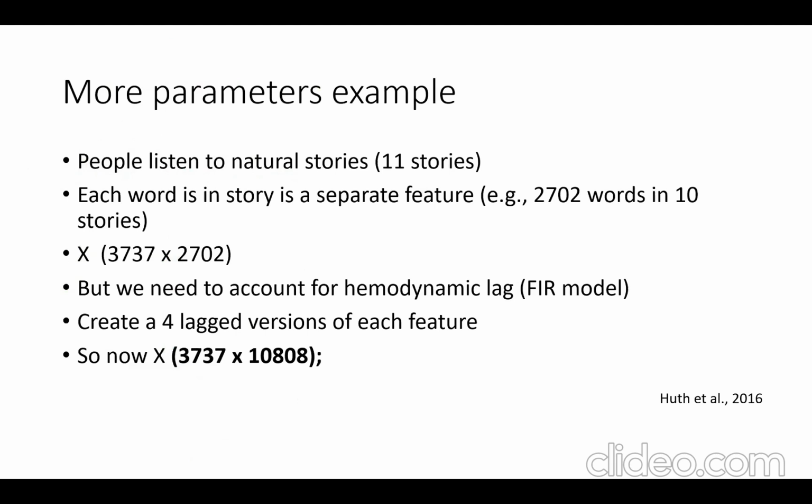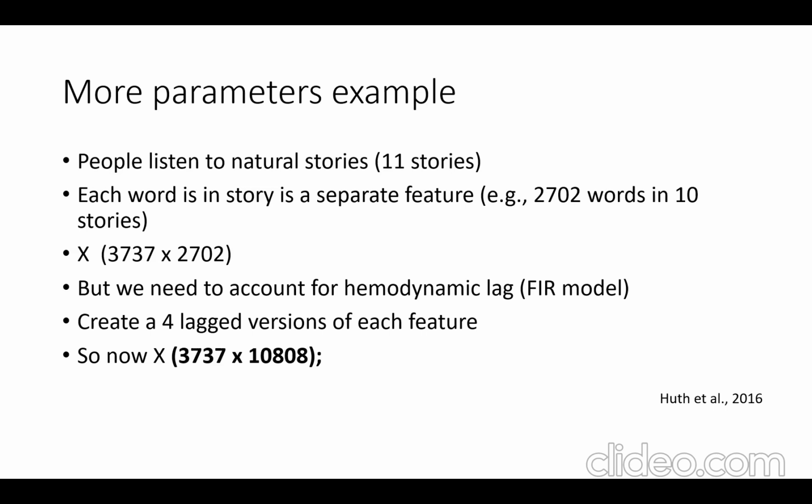So when we use these types of handmade features, we don't really need to do very much apart from just fit a normal linear regression. But coming back to the idea of using naturalistic stimuli, let's say we present some normal stories to our participants. So for example, they're listening to podcasts or something.